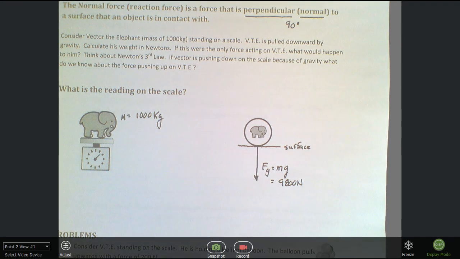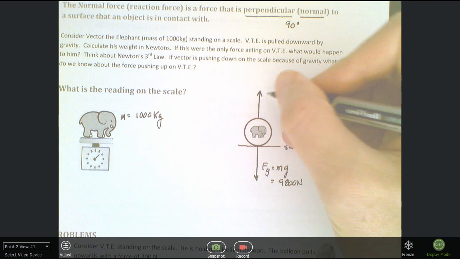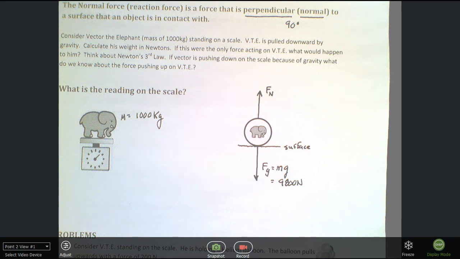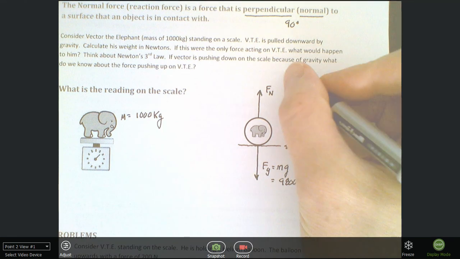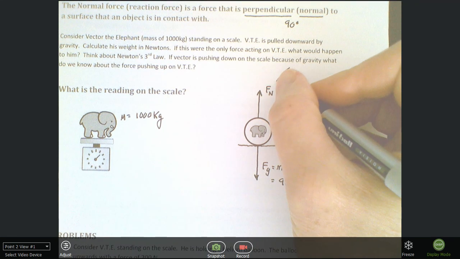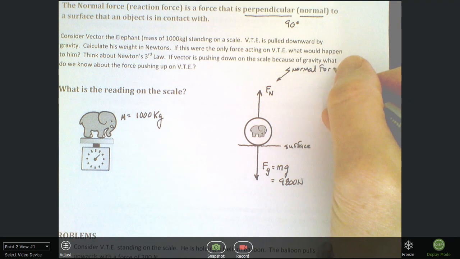So there must be a reaction force, F subscript n. That is the normal force. So the F subscript n is called the normal force. Notice it is perpendicular.